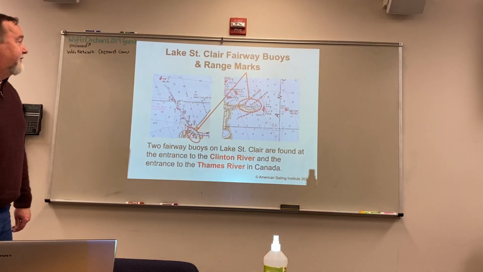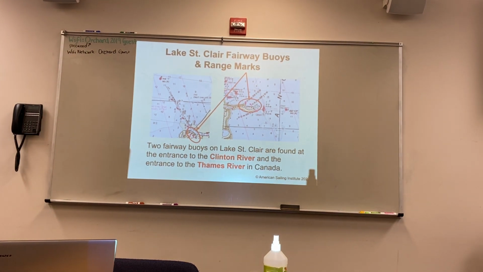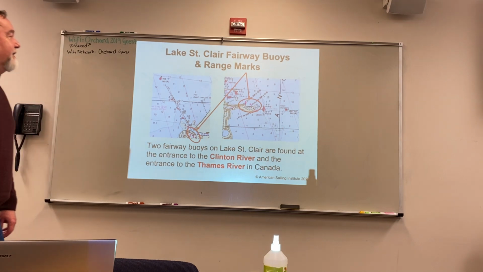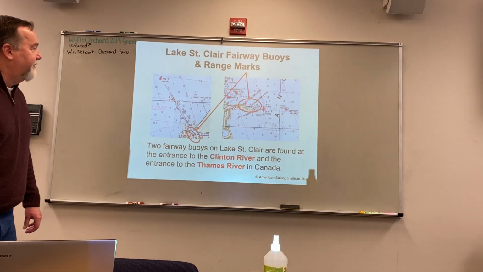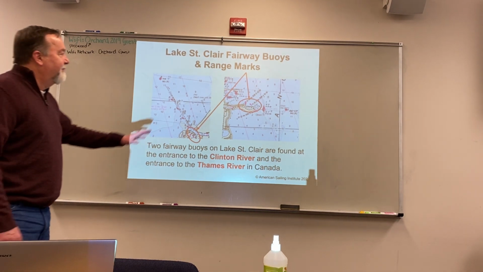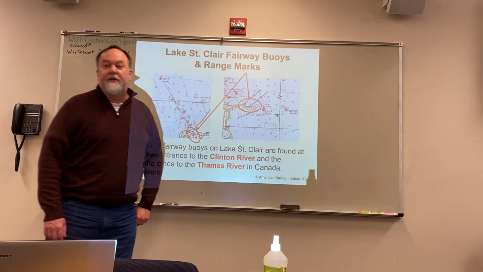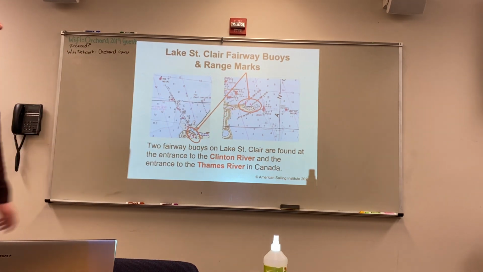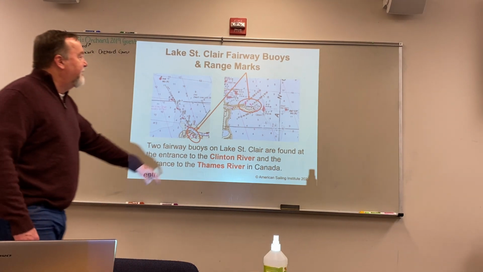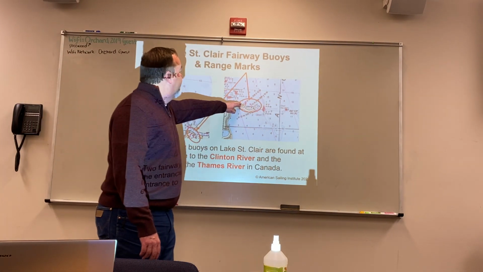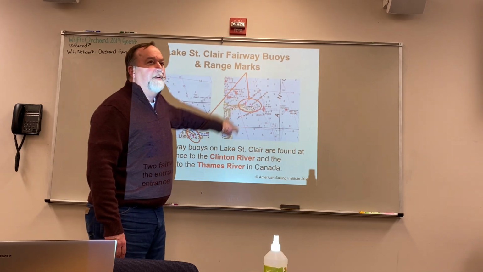I mean, it might be higher on land. Maybe that is the height above the base, but the back range light is always higher than the one that's closer to you. Yeah, but in this case, you're going in, so this one should be higher.